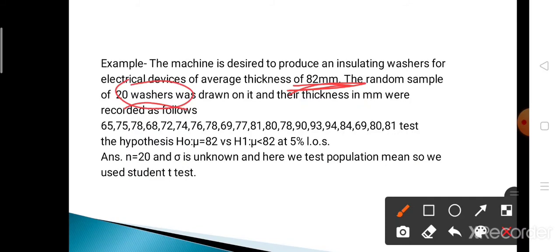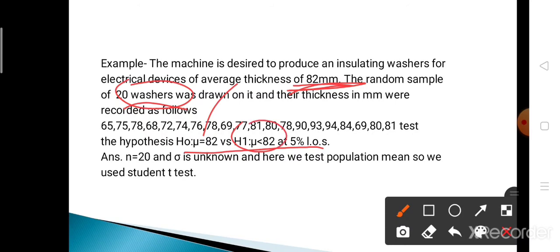The hypothesis is H0: mu is equal to 82 versus H1: mu is less than 82 at 5% level of significance. See, here we are given H0 mu is equal to 82 versus H1 mu is less than 82. That means it is a one-sided left test because we are given mu is less than 82.